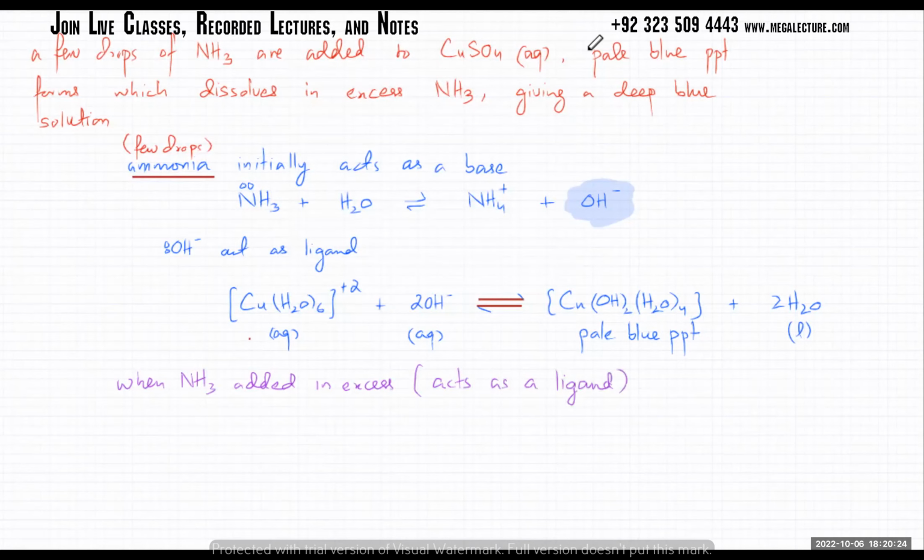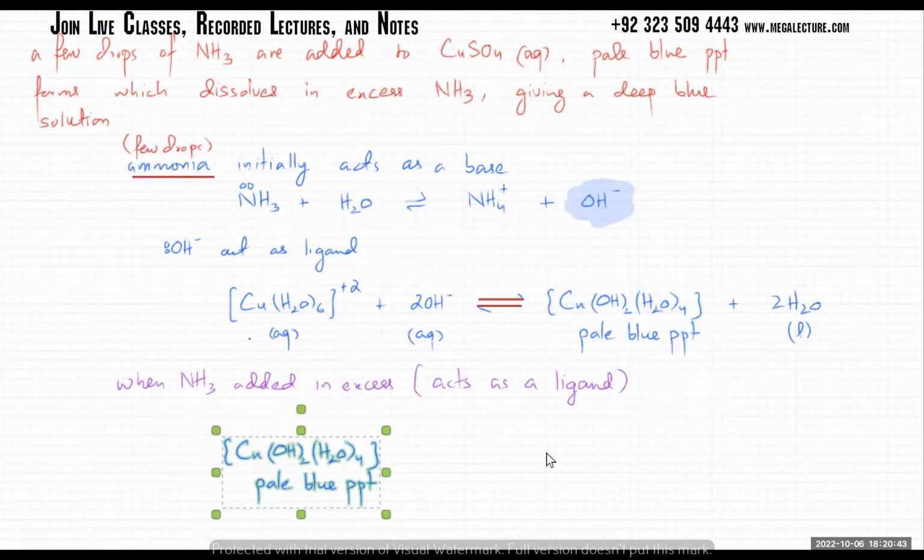And this is what happens: the same complex that we have over here, the pale blue precipitate, is going to dissolve. And it will start reacting with NH3. So maybe 4 NH3s. It could be a variable number of NH3s. So let's take 4 NH3s. It could be all 6. 6 could be NH3s as well.